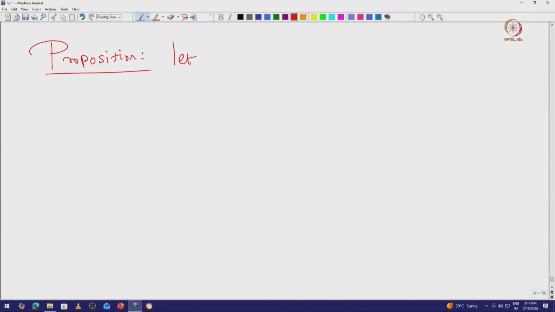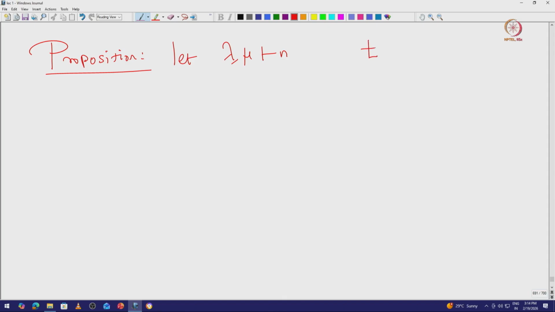So, we take lambda and mu to be partitions of n, and suppose that T lambda is a lambda tableau and S mu is a mu tableau, such that A T lambda applied on S mu is non-zero.